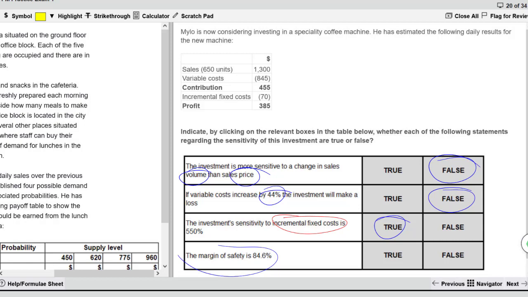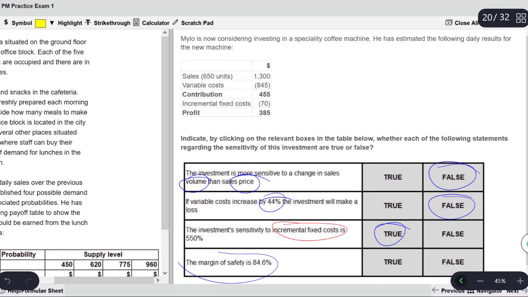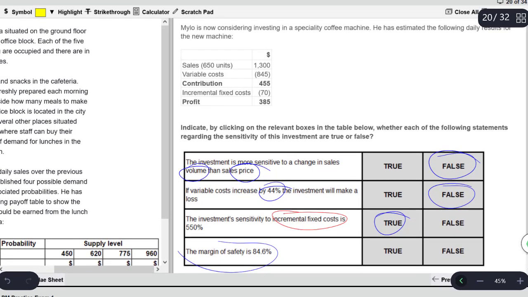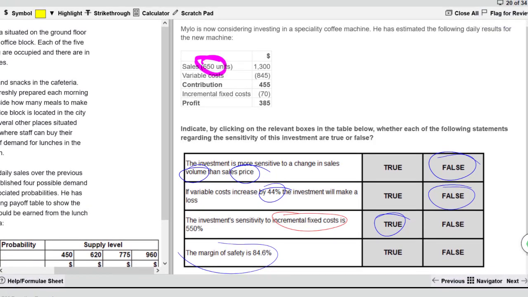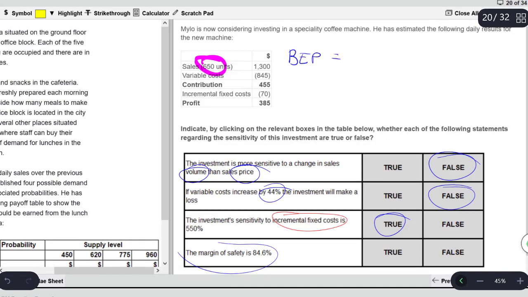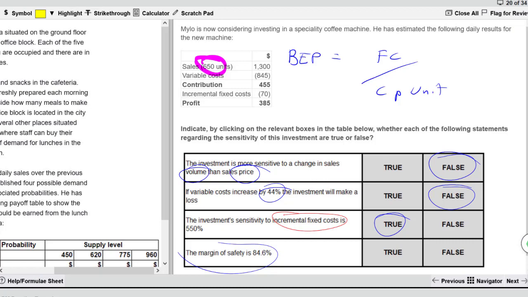We're currently at 650 units. That's what my budget is based on. To get the break-even point, we need to divide the fixed costs by the contribution per unit. That is the classic formula for the break-even point.